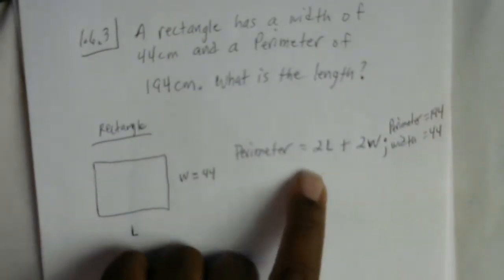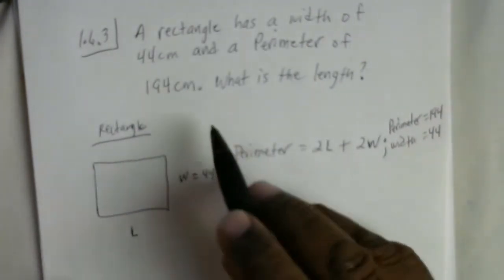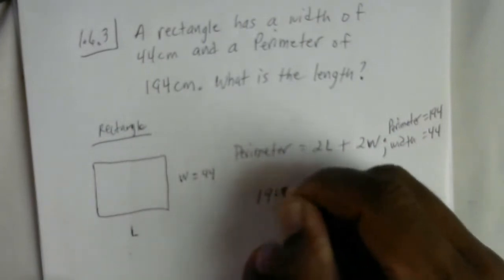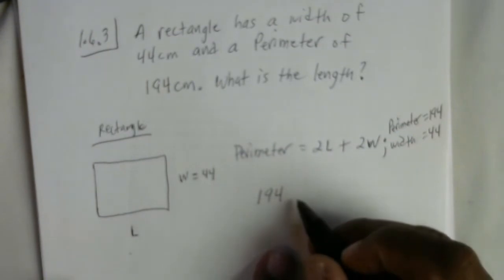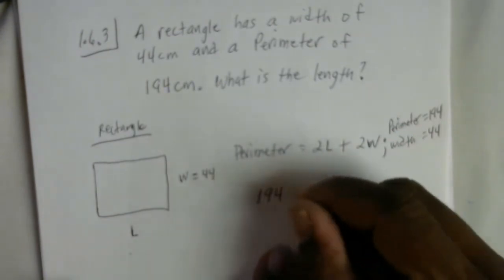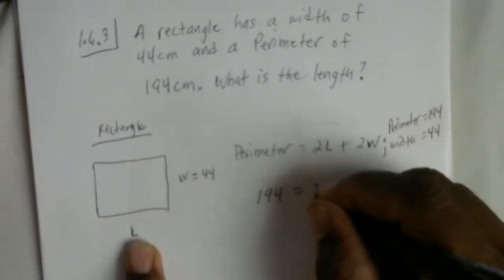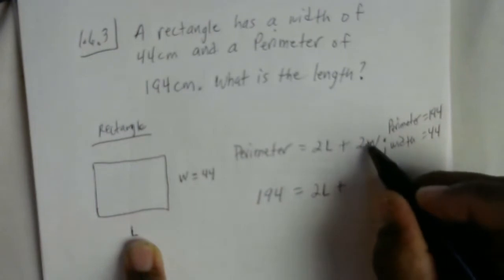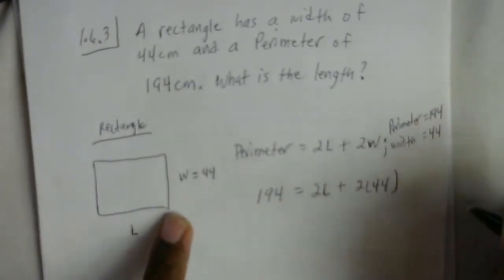And I'm going to solve it for L. So my perimeter, that's 194 centimeters. Okay, so I'm going to do away with the centimeter unit for now and attach it at the end. That's equal to 2 times L, which I don't know, so I'm going to bring down 2L, plus 2 times W, and W is 44.